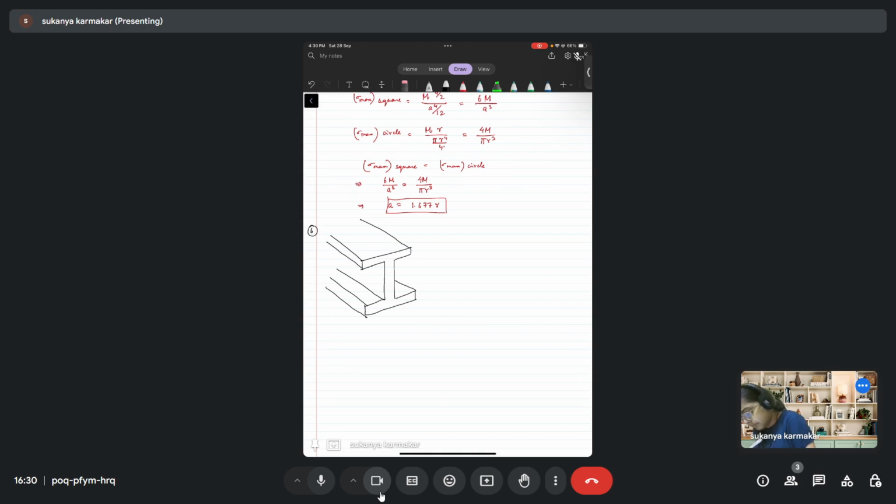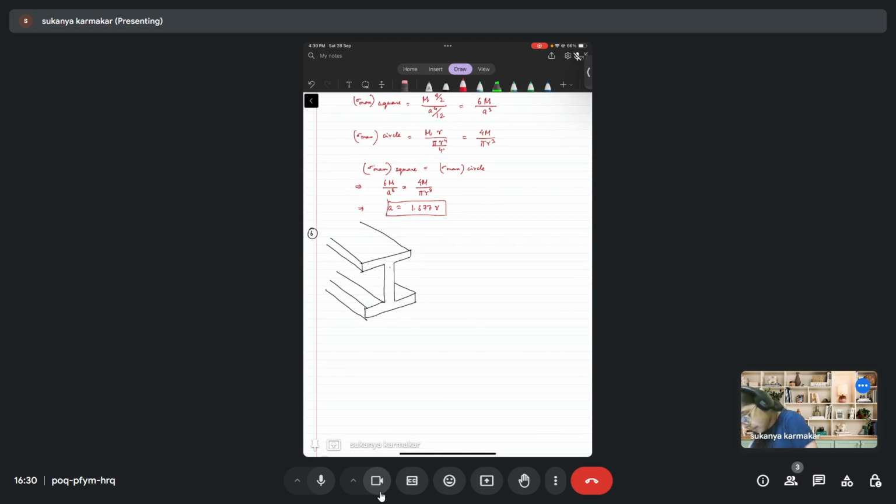Then a shear force V is applied. This length is 125. This side is a bit shorter.